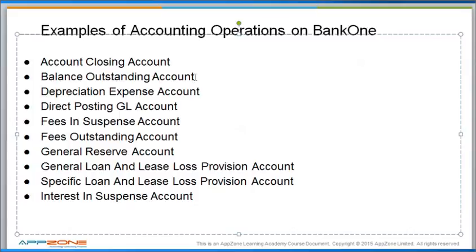That is, if you have any outstanding balance on loan or on overdraft, this account, that is the GL configured here, is the GL that houses the cumulative balances of all the customers who have outstandings to settle within the bank.